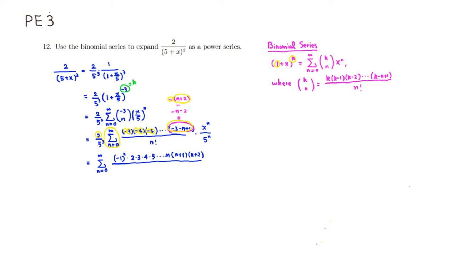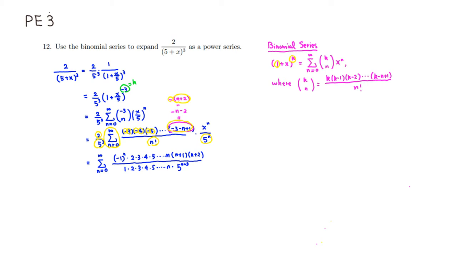We have n factorial, which is 1 times 2 times 3 times 4 times 5, all the way to n. And then we take care of the 5 cubed and the 5 to the n combined, so that's going to be 5 to the n plus 3.